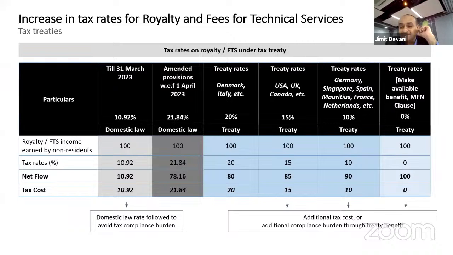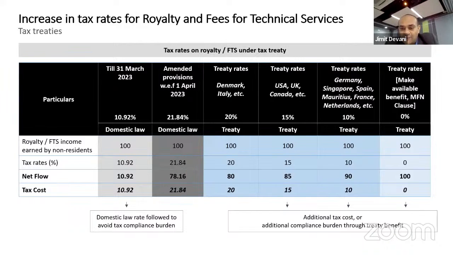So if you want to claim a 0% treaty rate, then the foreign company will also have to file their tax return in India mandatorily to claim the tax treaty rate, because it is not as per the domestic law of India, it is as per the treaty rate. That is why they will have to obtain a permanent account number in India, a TRC, and file their tax return in India if they want to claim an exemption or the benefit of the make available clause.